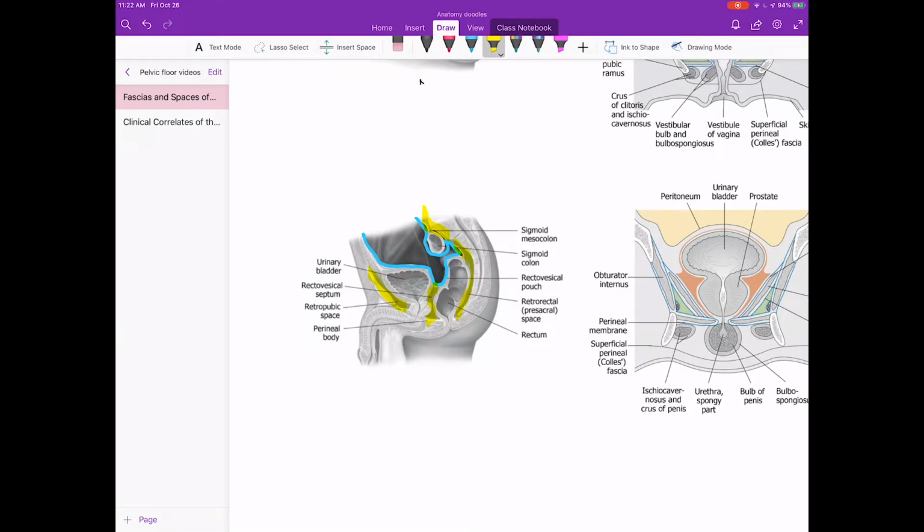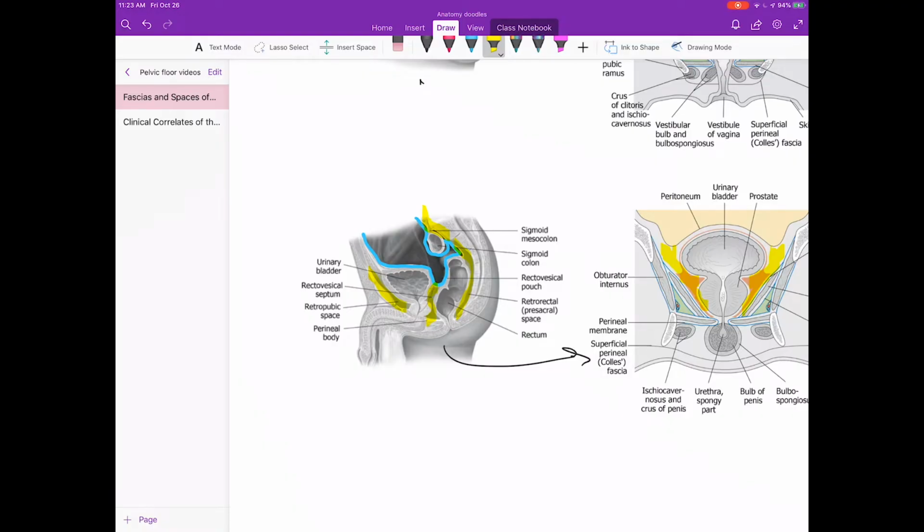Here is where the fascias are located as we translate what I've drawn here in the sagittal view to the coronal view. So the fascias highlighted in yellow are going to be located in this space, which for all practical purposes is the retroperitoneal space.